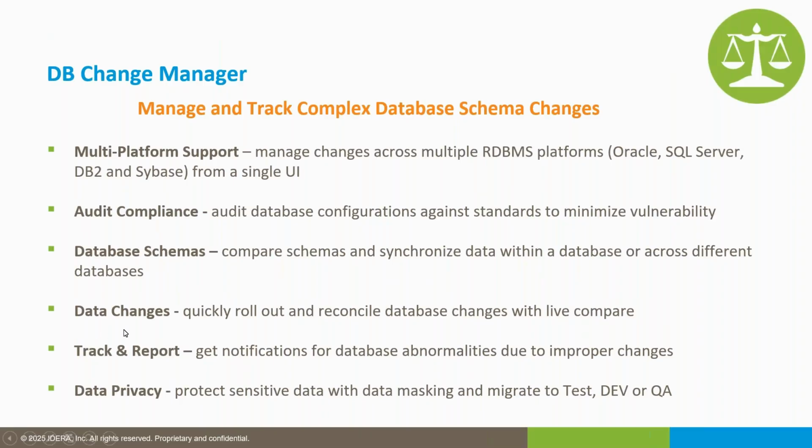You can also compare the data between your platforms and your data sources. When you compare your data, you have an option, for example, if you want to generate a data set for your development environment to work on.